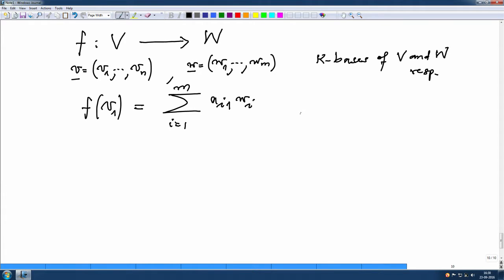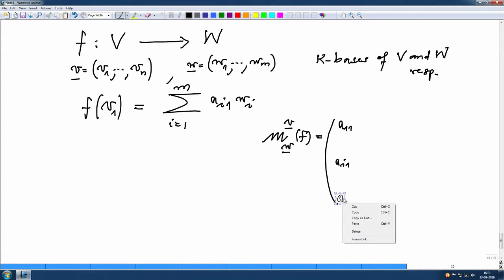Therefore, in the matrix of f with respect to V and W, this gives the first column A11, ..., Ai1, ..., Am1.